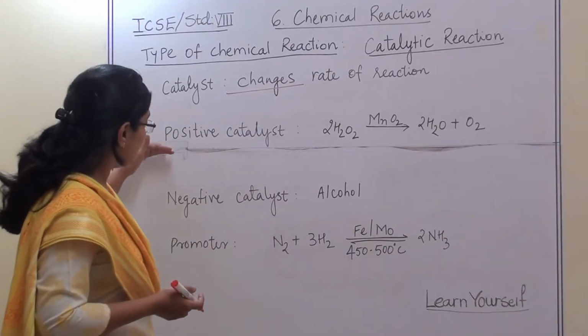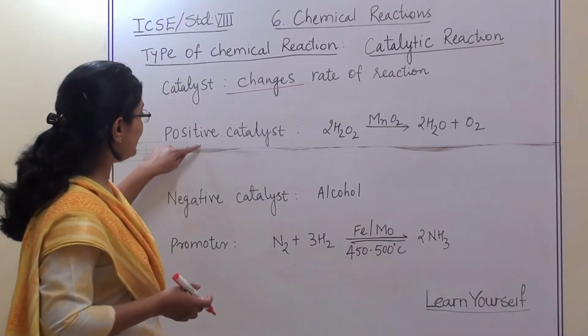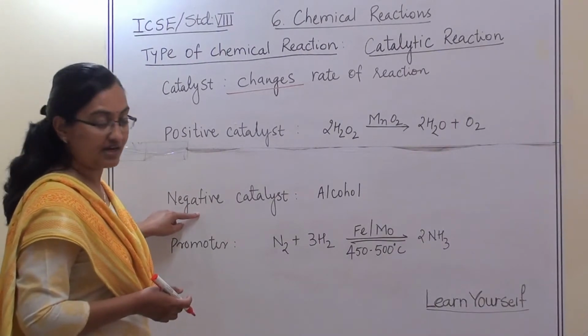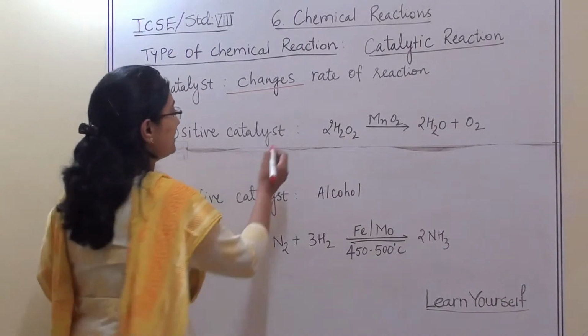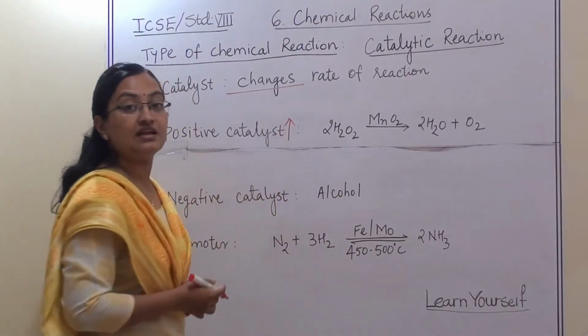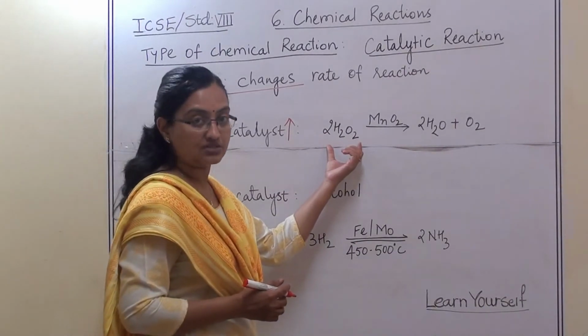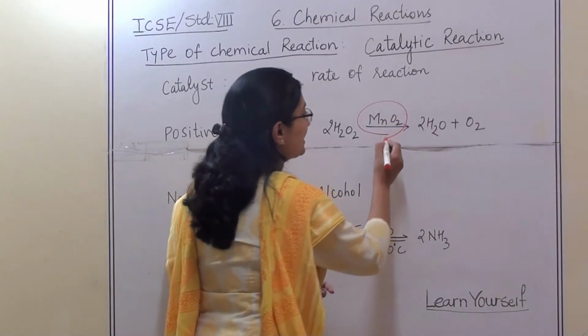Now there are three types of catalytic reaction: the first is positive catalyst, the second is negative catalyst, and the third is promoter. A positive catalyst will increase the rate of reaction. When we decompose hydrogen peroxide, we use manganese dioxide.